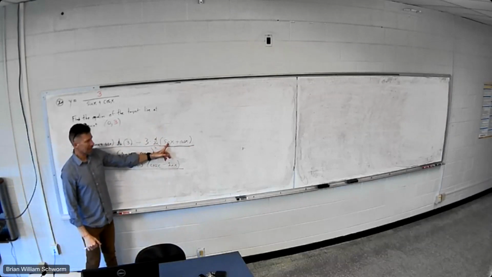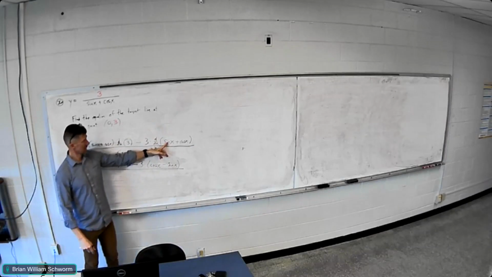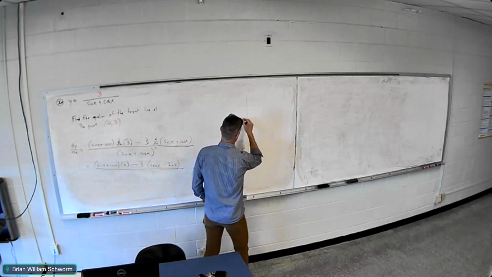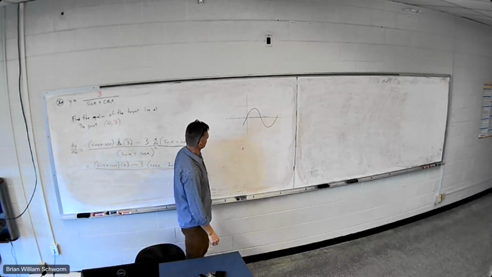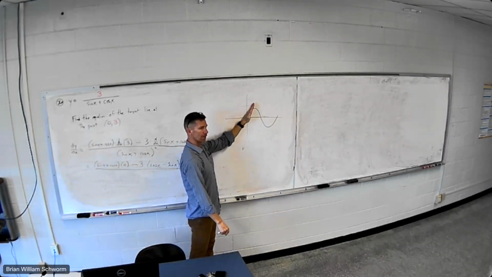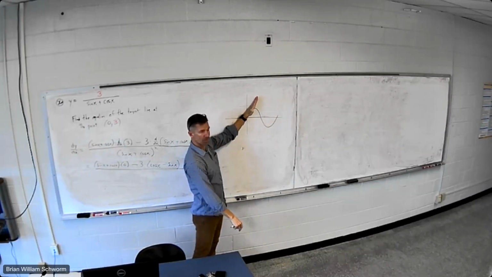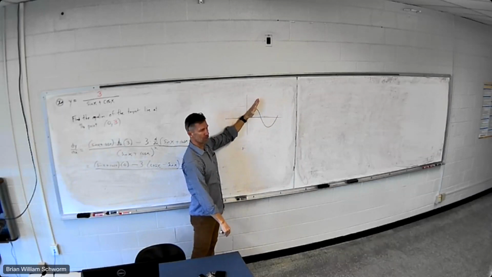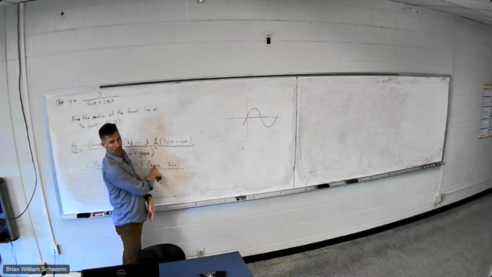Now, I pointed out the way I keep track of this. The way I keep track of it is I think about the graphs. I know the graph of sine looks like this. Starts at the origin, goes on. So if you think about tangent lines, the derivative right off the bat is going to be a positive number, up at about a 45-degree angle. So the slope there is going to be 1, positive 1. So I know the derivative of sine starts off positive, so it's going to be the positive cosine.